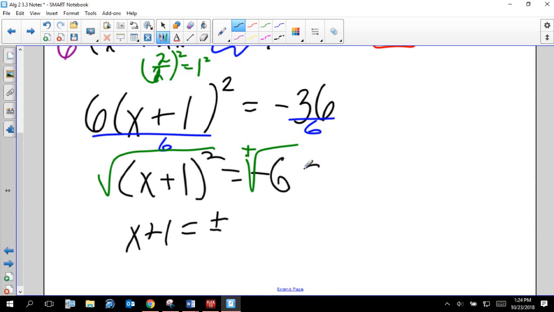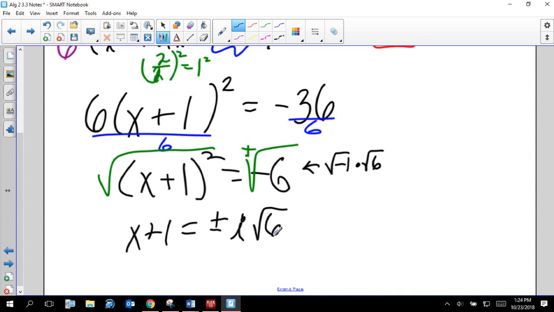Remember, a negative 6 is the same thing as a negative 1 multiplied by a 6. The square root of negative 1 multiplied by square root of 6. I can take the square root of a negative 1. What's that? But I can't take the square root of 6. It doesn't have any perfect squares in it, so I'm just going to leave it as square root of 6.